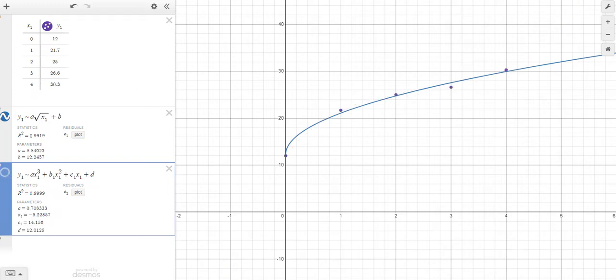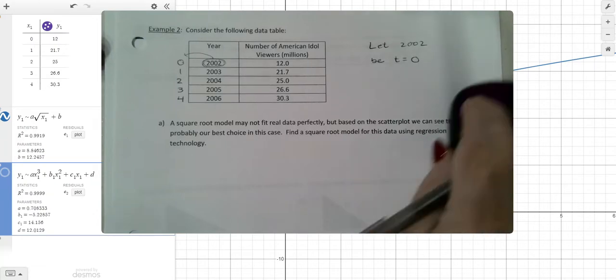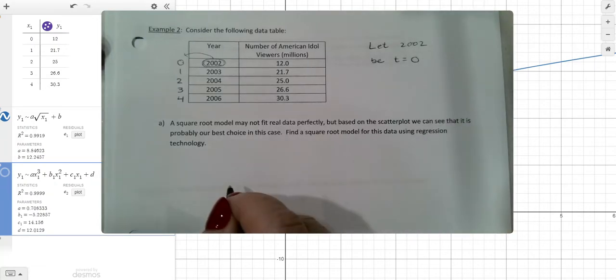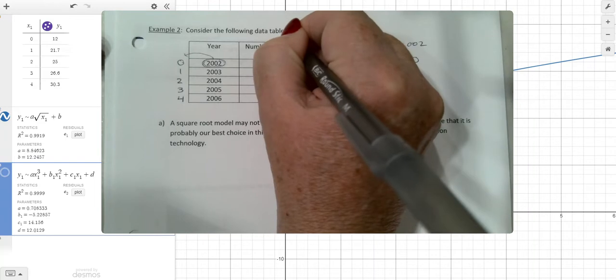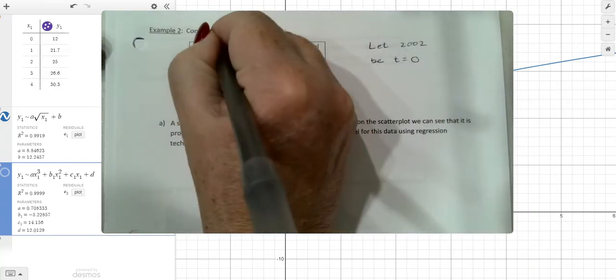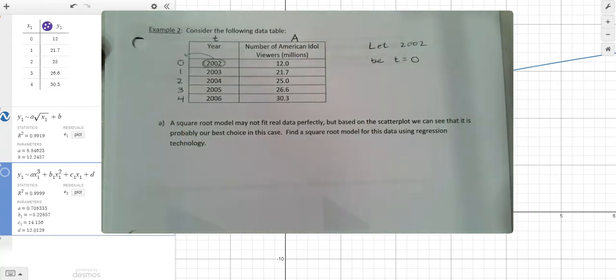All right, so let's go ahead and write down our model. Let's see, I'm going to call A the number of American Idol viewers, and T is going to be my T values here for the years.